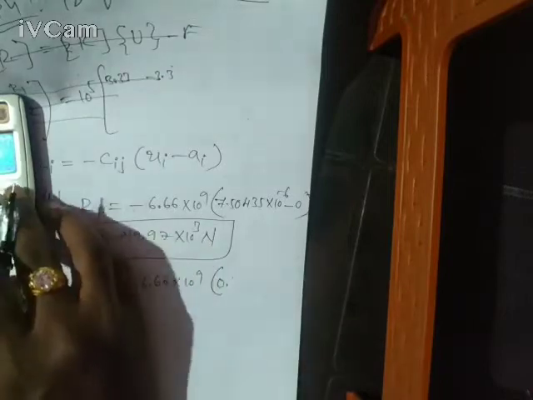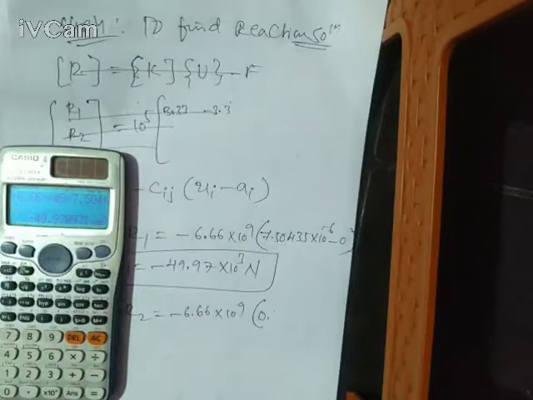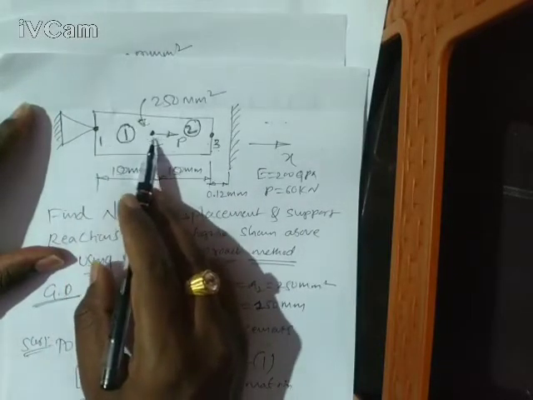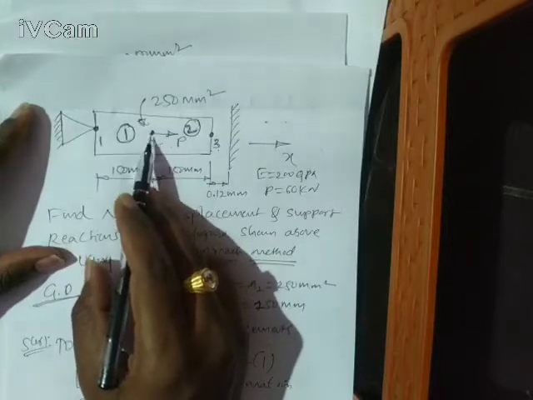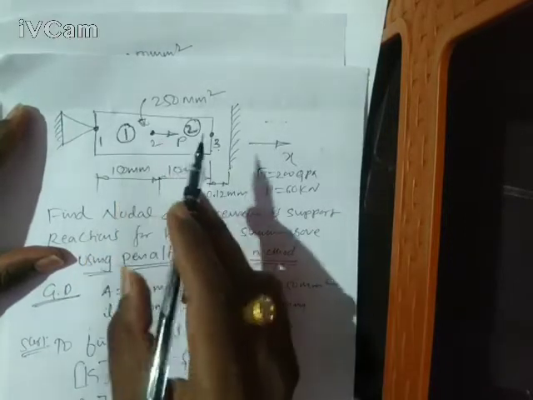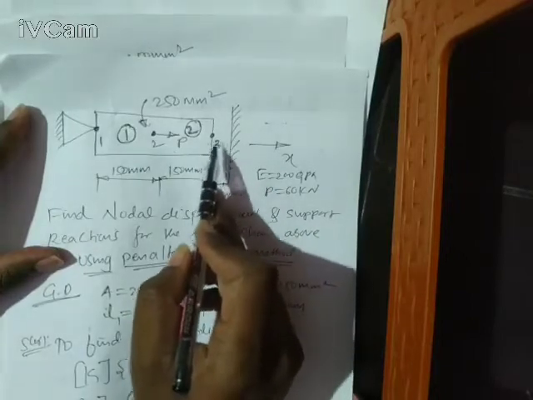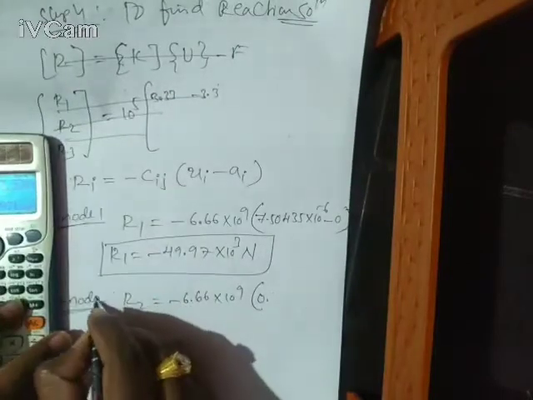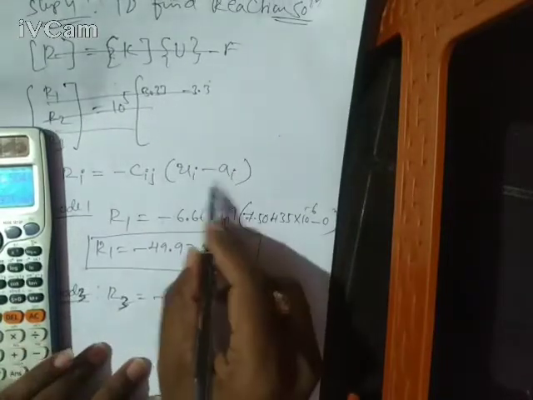Here friends, we will be finding the reaction solutions only where the nodes are fixed. So I do not want to find the reaction value at node 2 because it is not fixed. Reaction values we get only where the nodes are fixed. So instead of R2, I am writing R3 for node 3. R3 is equal to u3 minus a3.